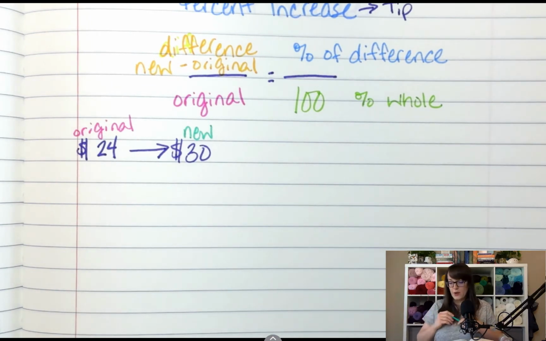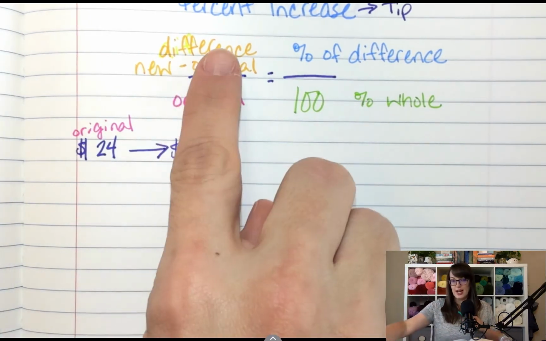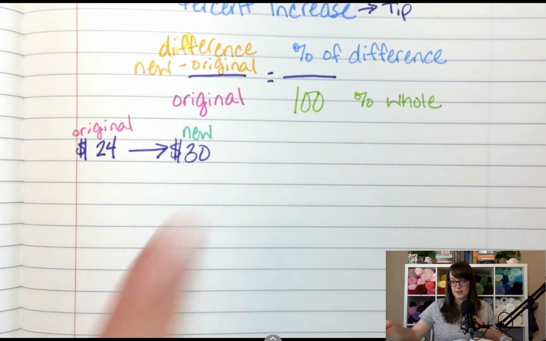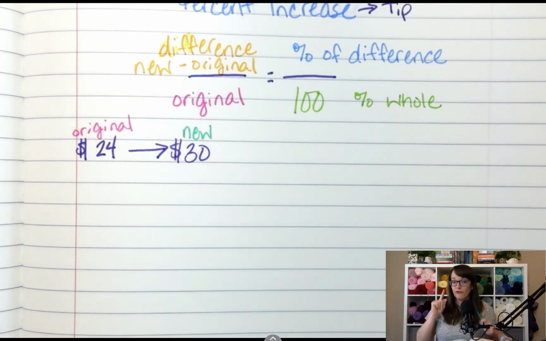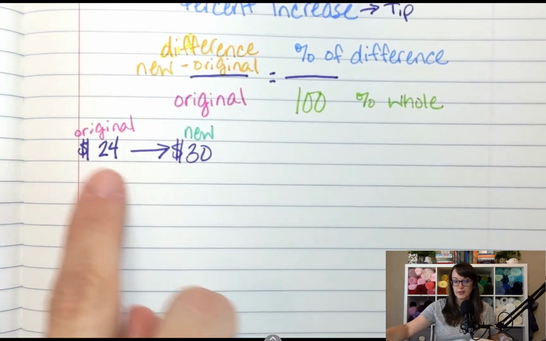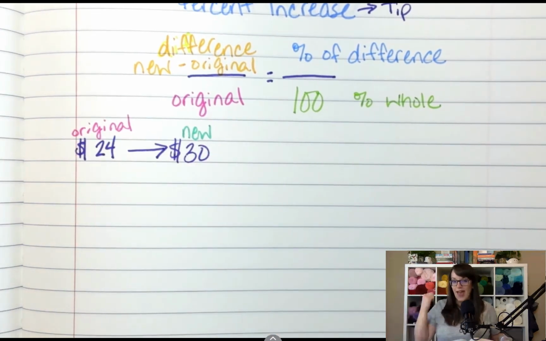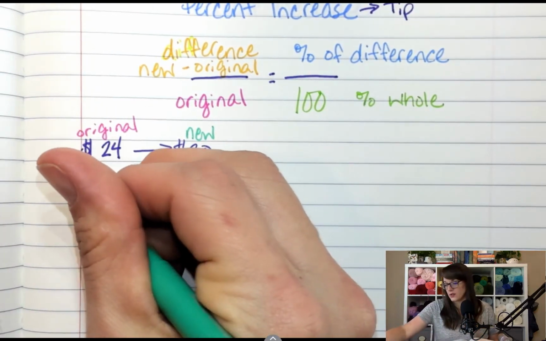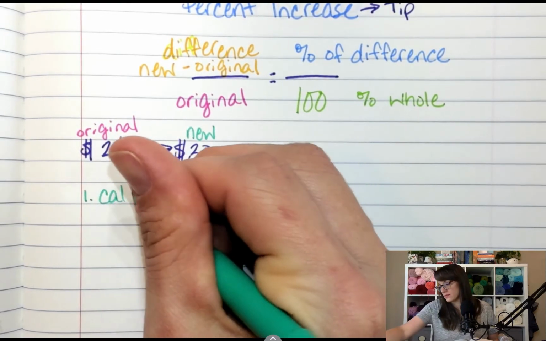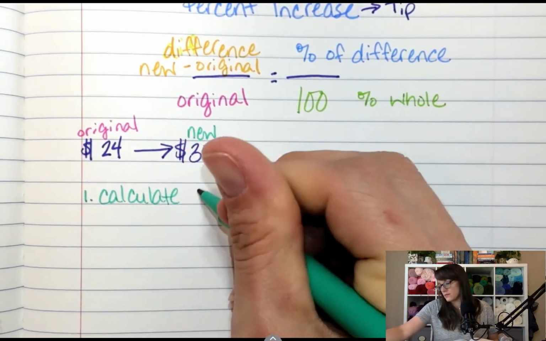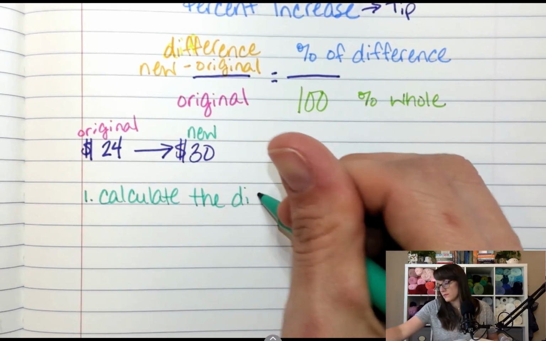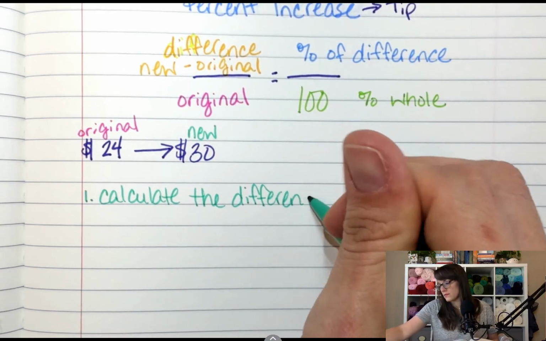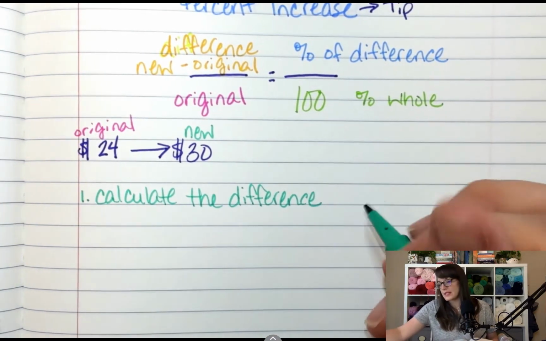So the first thing I want to do here is subtract to find the difference. Again, the first thing I want to do here is figure out how much did it change. So what is 30 minus 24? It's 6.